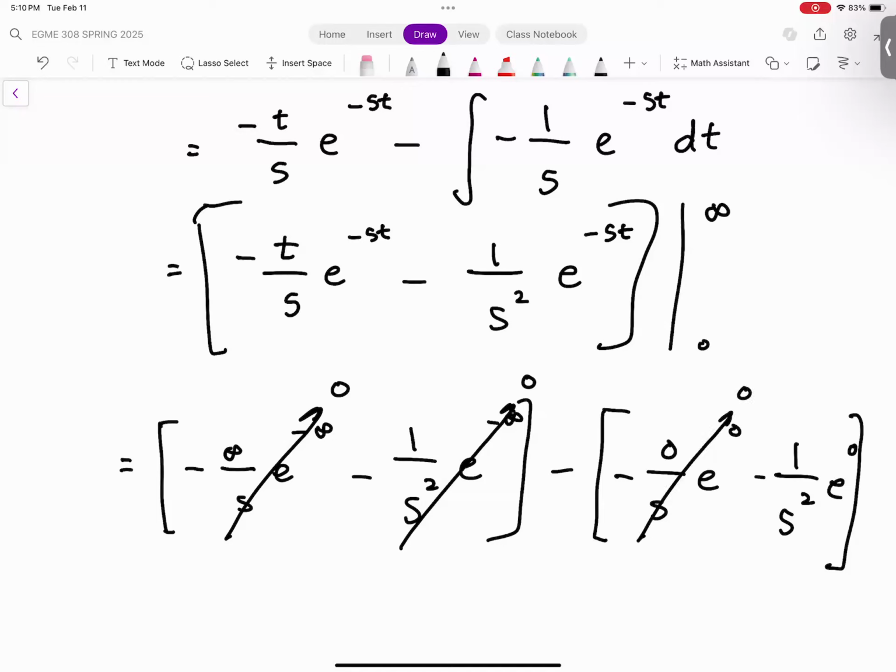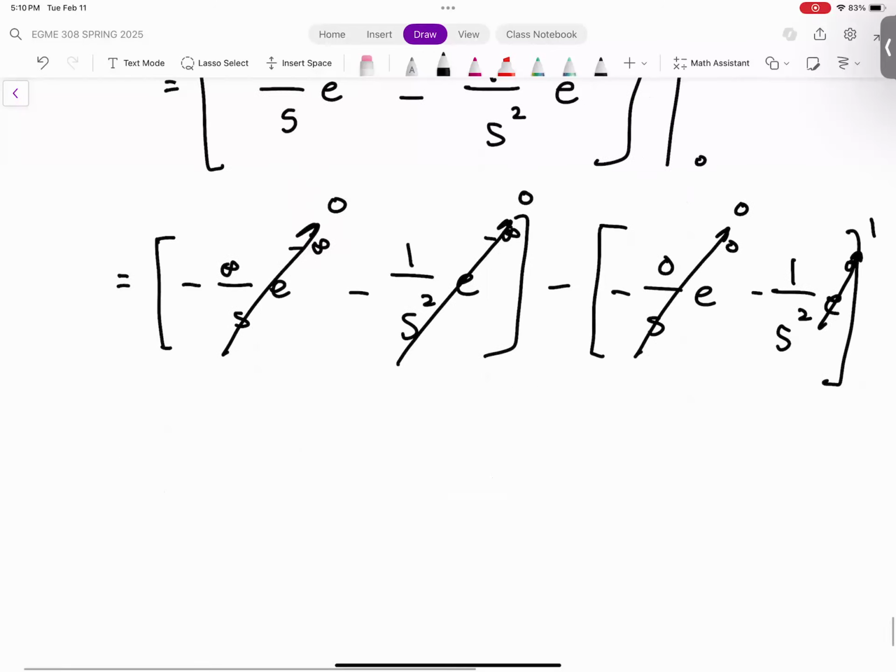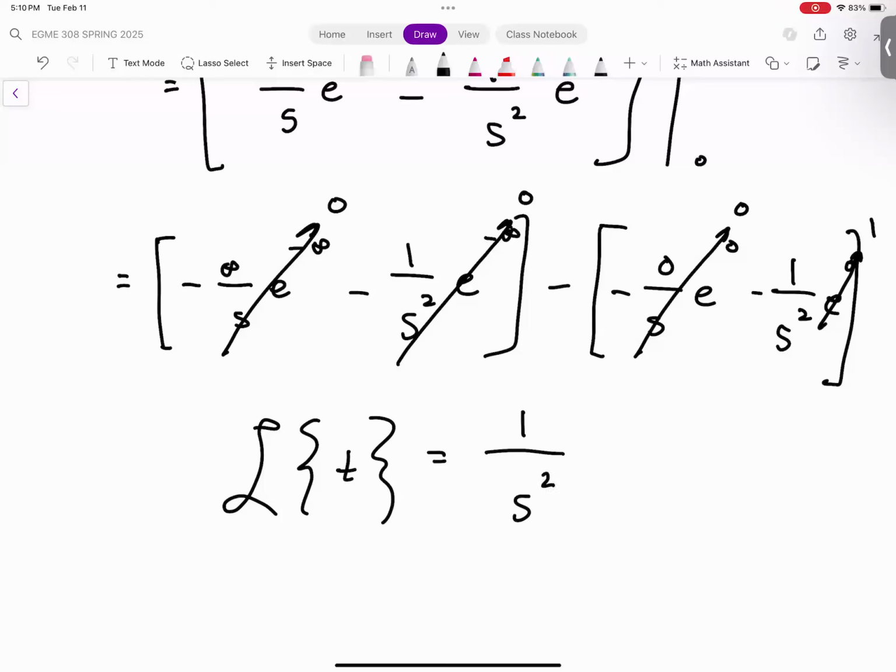Then for that second term, e to the 0 is going to be 1, and we have minus 1 over s squared. We want our next function to be in terms of s, so we can just leave that. And so in the end, the Laplace transform of t is equal to 1 over s squared.